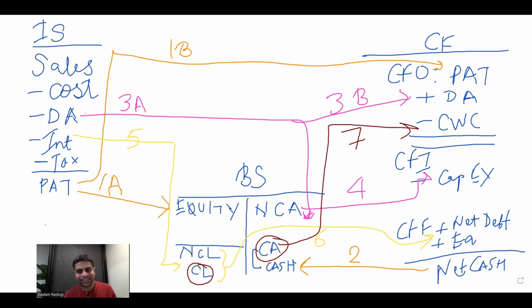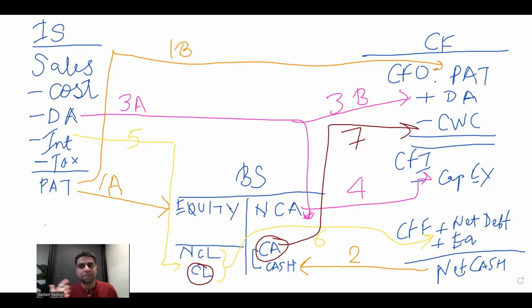As I said, it's a drag on your cash. A firm could be reporting profits very aggressively, which get added to equity. But if your customers are not paying in time, or if you have inventory buildup, or if you have to pay your suppliers right away, it has a negative impact on your working capital, which drags your CFO down.